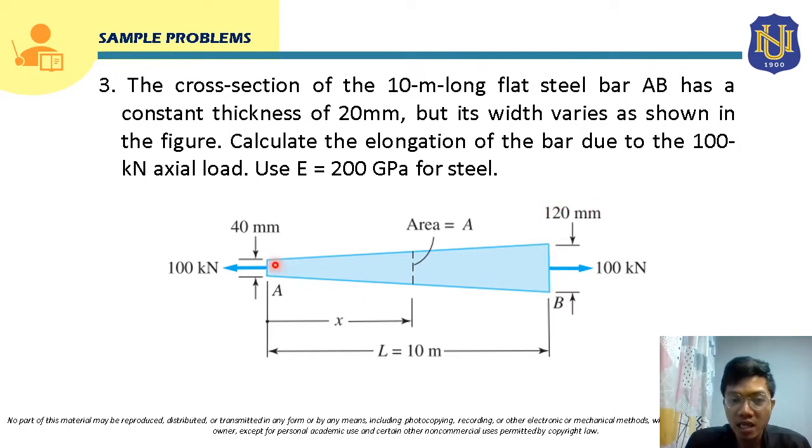Meaning to say, it is varying linearly from here to here. So here we are going to solve the elongation. Since the applied load here is a tensile force, this will cause the bar to elongate.